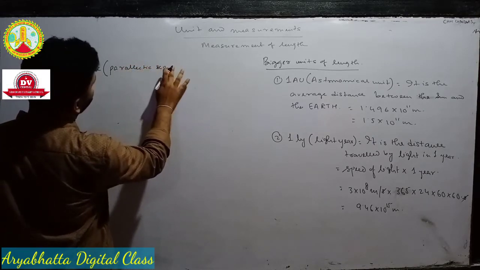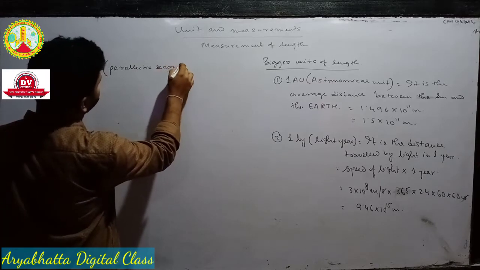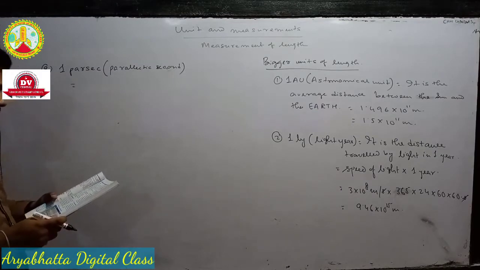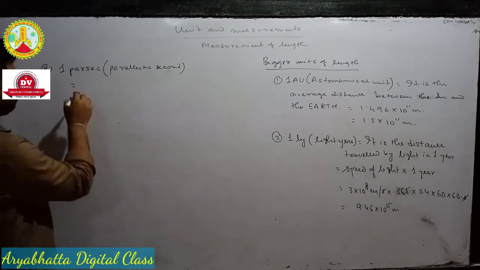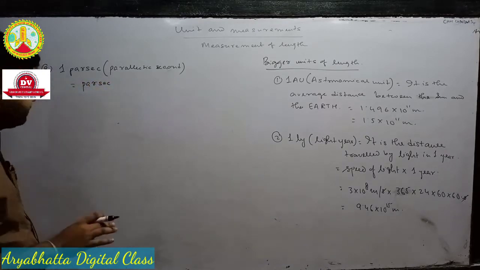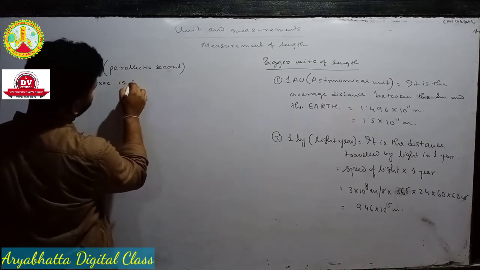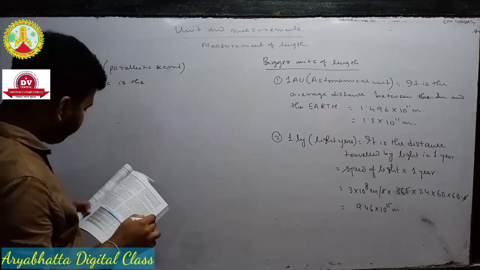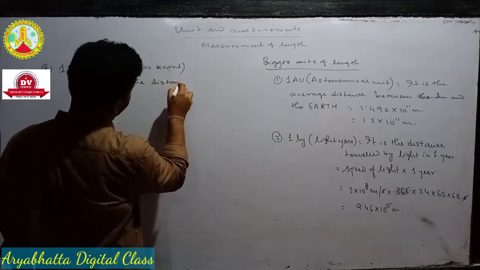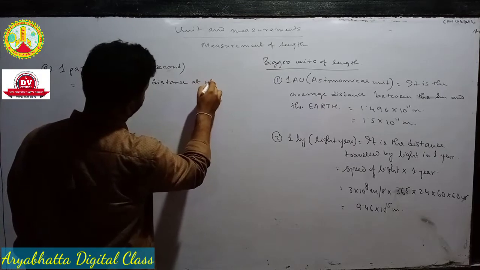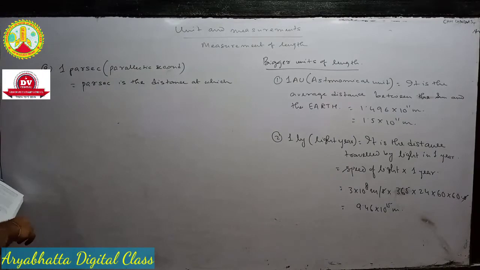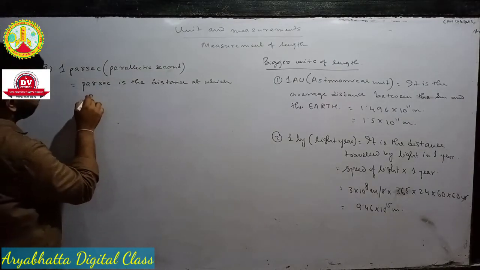Now what is a parallactic second? I will simply follow the definition given in your textbook, that parsec is the distance at which the average radius of the earth's orbit subtends an angle, though nothing will be understood from the definition alone.